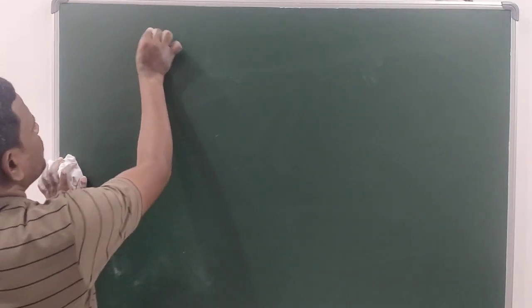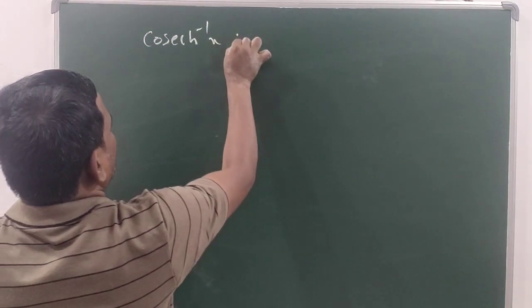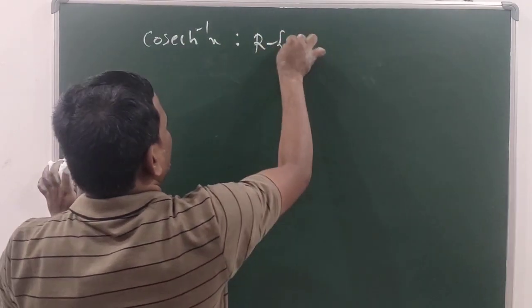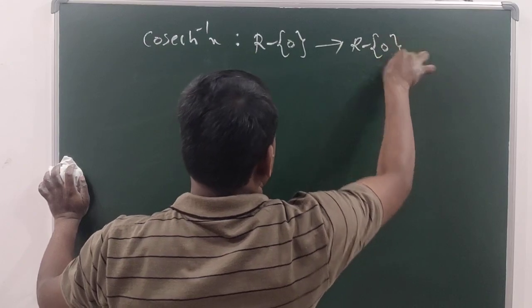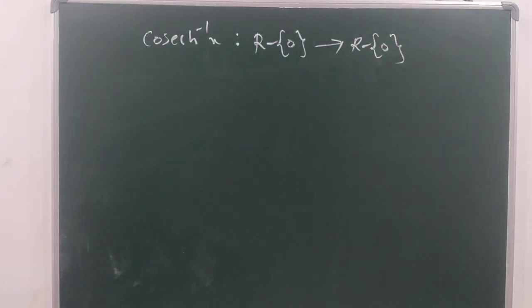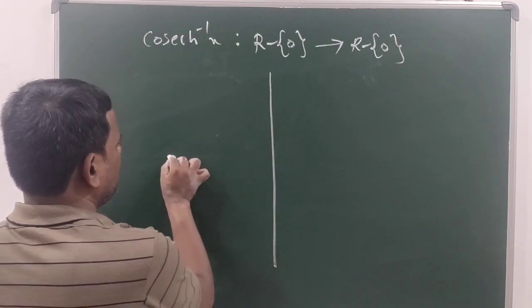So this cosech inverse of x has domain R minus 0, and the range is also R minus 0. Now let us see its graph. How do we get the graph?